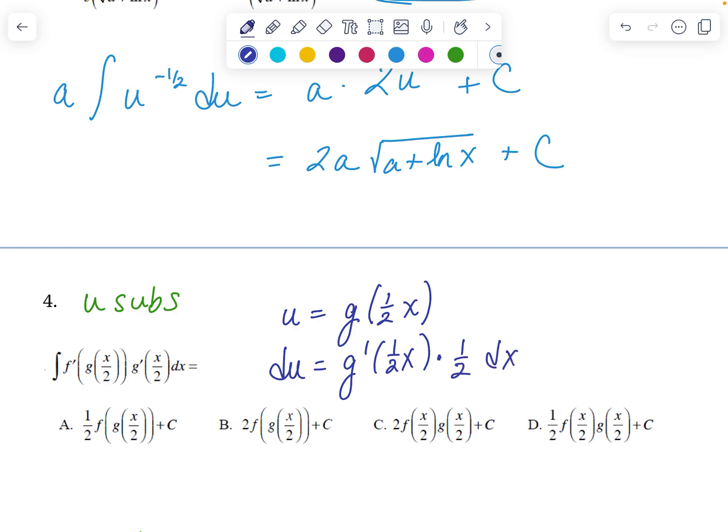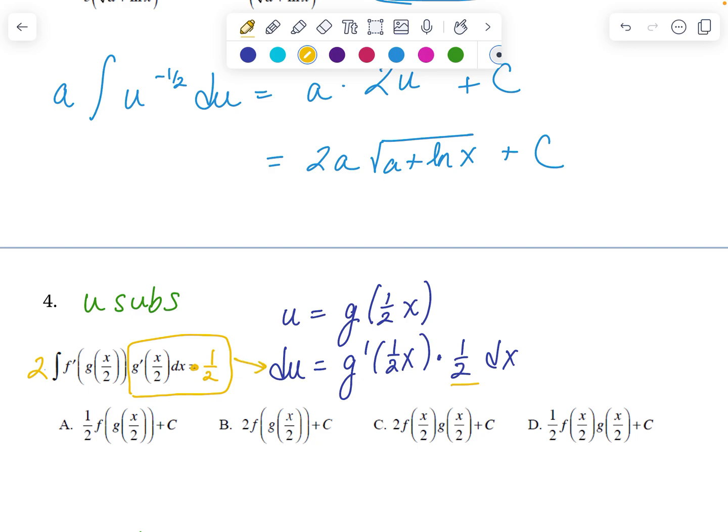Am I feeling any better about this? I think I am if I put in a 1/2. So this 1/2 is trying to balance that. And now I think I'm in pretty good shape because g prime of 1/2 x, all of this is right here. That's du.